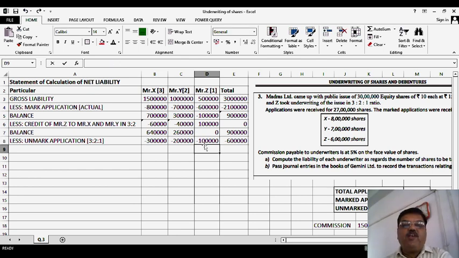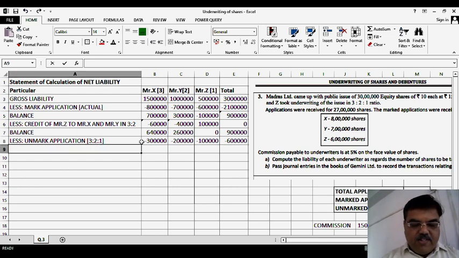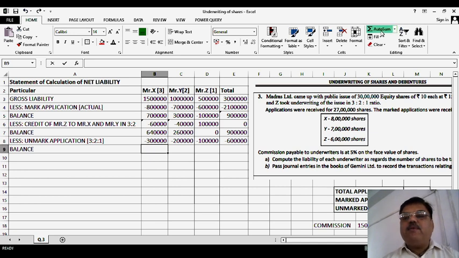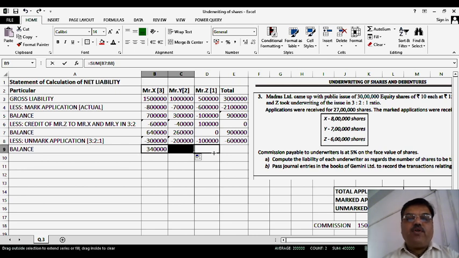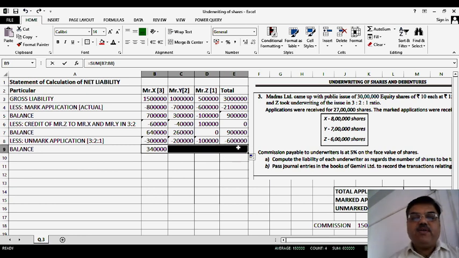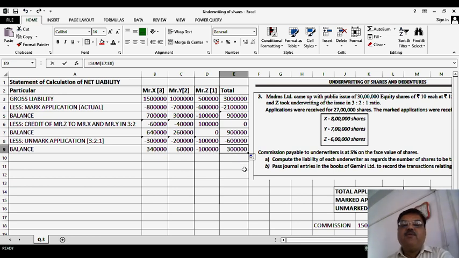So 3 plus 2 plus 1 is minus 6 lakh. Again we can take that balance. So balance comes to, for Mr. X 3,40,000, for Mr. Y 60,000, and for Mr. Z again a negative figure is coming.